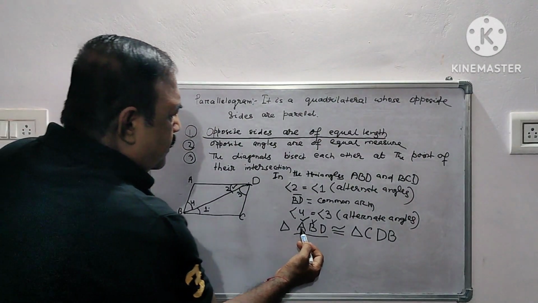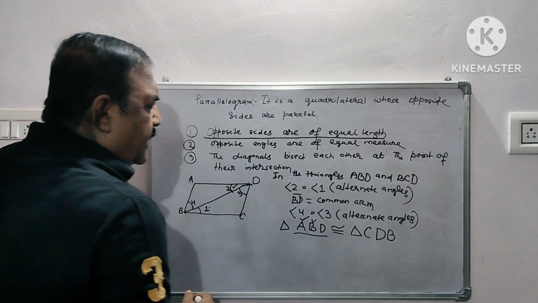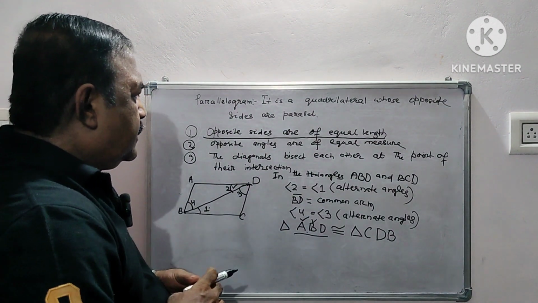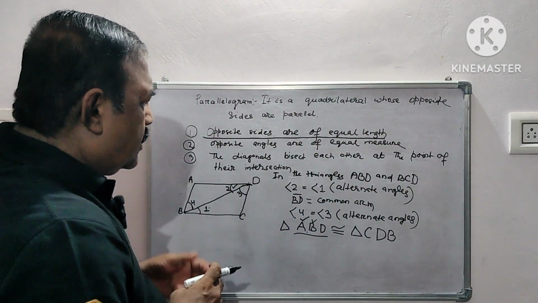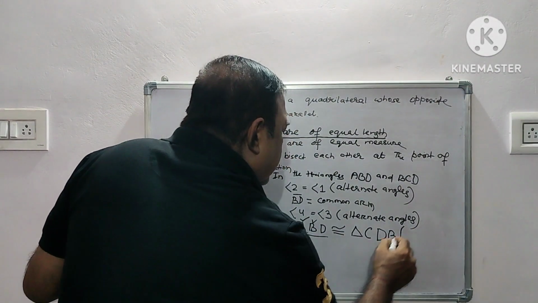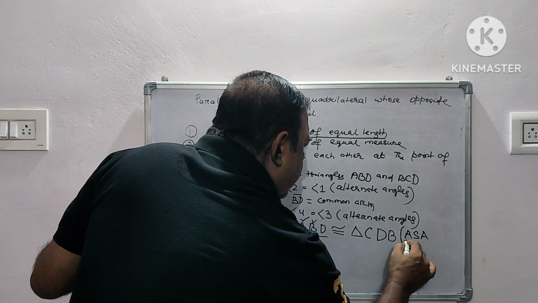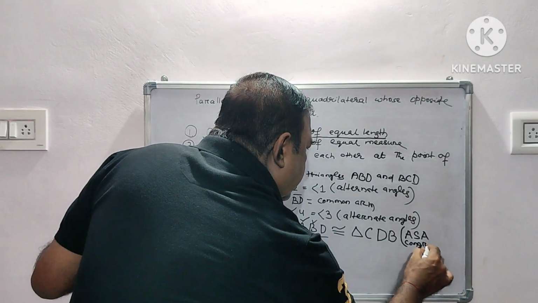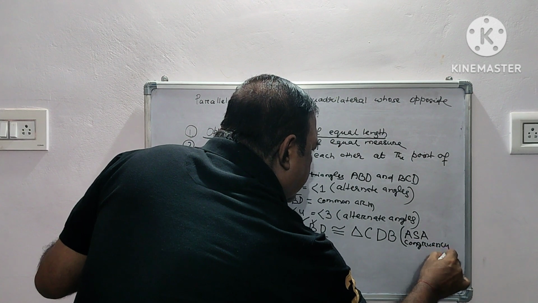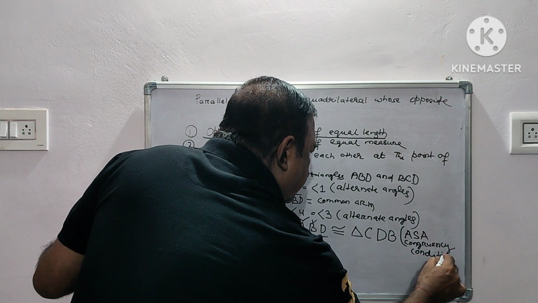So you have to maintain the order of the letters here, otherwise it will be wrong. So you have to follow this. So you have to mention here the congruence condition. ASA, angle side angle, congruency condition.